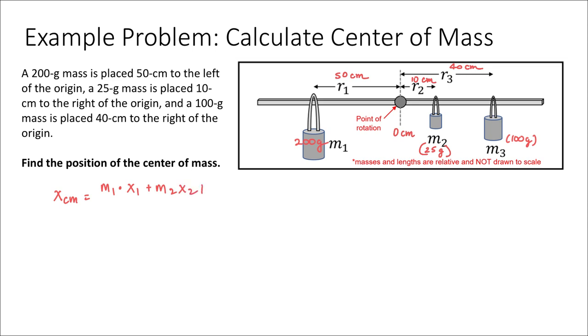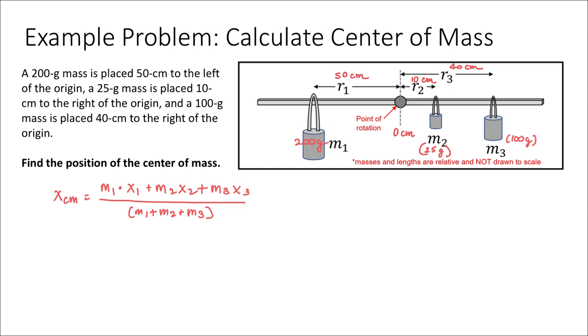M2 X2 plus M3 X3. And I'll divide that by all of the masses added together. If I had 4 masses, I would have 4 terms. If I had 5 masses, I'd add all 5 terms. But again, I only have 3, so I only have 3 terms here.